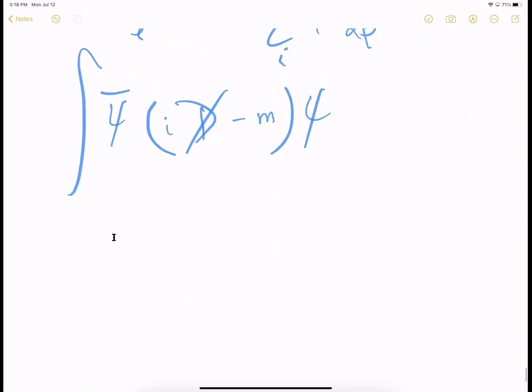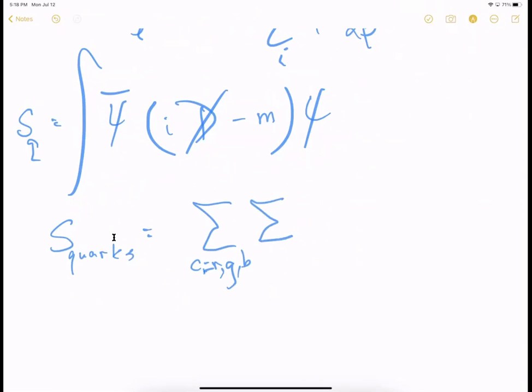If we're talking about quarks, our initial stab at an action for quarks is going to be what? We're going to sum over color, so color can be red or green or blue. And we're going to sum over the weak isospin, so I is going to be 1 to 2. And we're going to sum over all the flavors, and the flavor can be generation 1 or 2, or the family, 1 or 2 or 3.